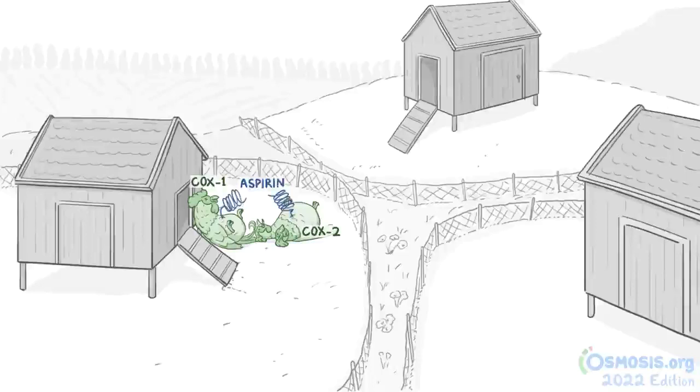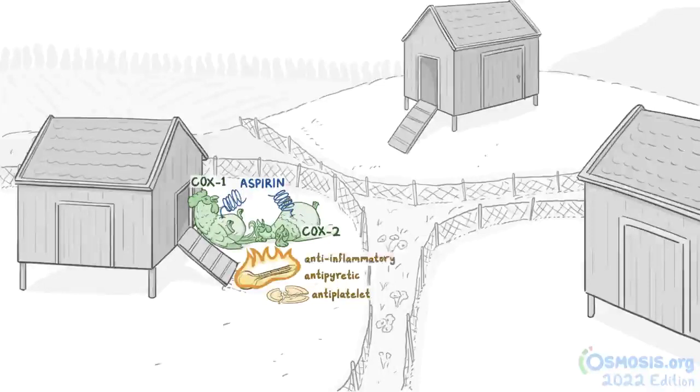of the roosters' chests. For indications, let's have the chicken's dinner plate broken into pieces to represent aspirin's antiplatelet effects. There's a thermometer for its antipyretic effects, and the temperature is so high it bursts into flames, representing its anti-inflammatory effects.